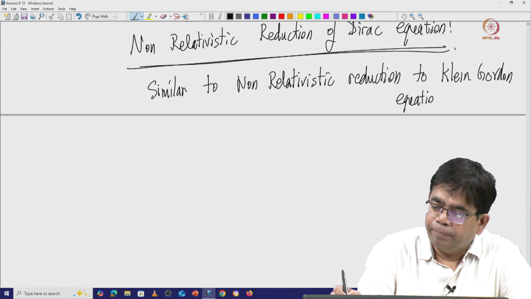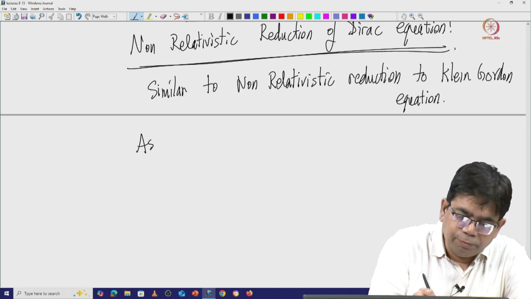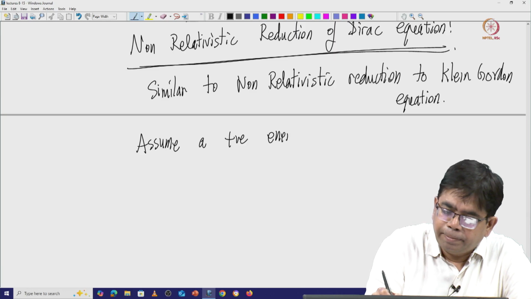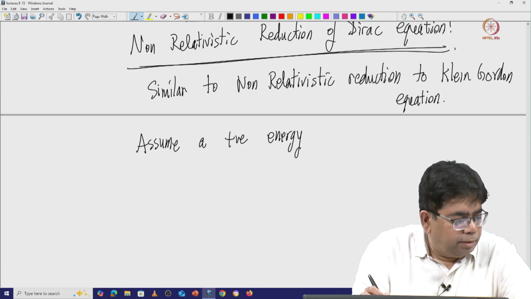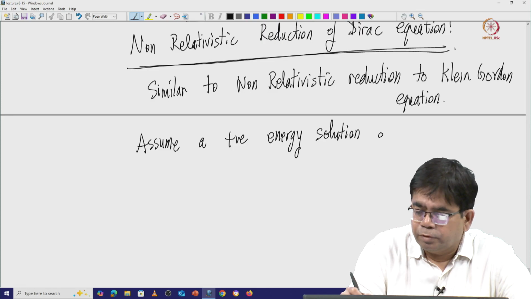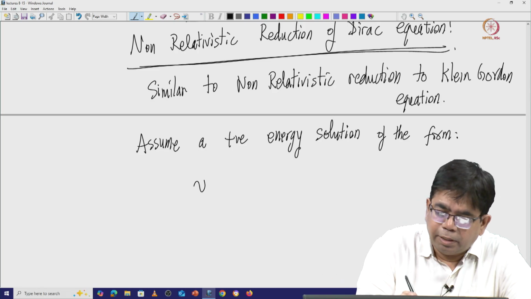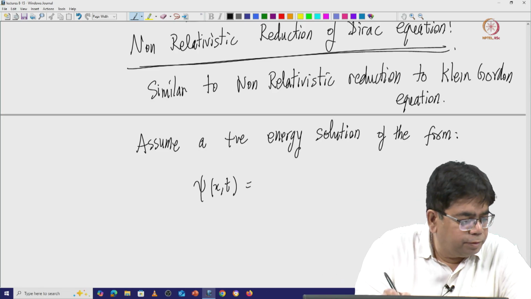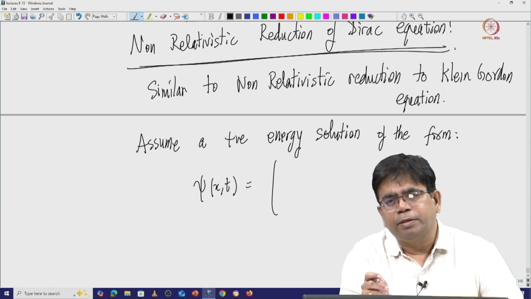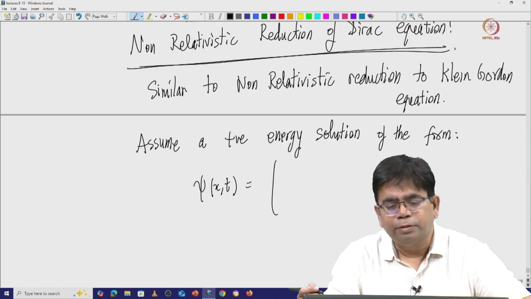So I start with a wave function, assume a positive energy solution of the form psi of r, t, because r, t makes sense since you want to write a hydrogen atom, and there is a radial solution and everything.